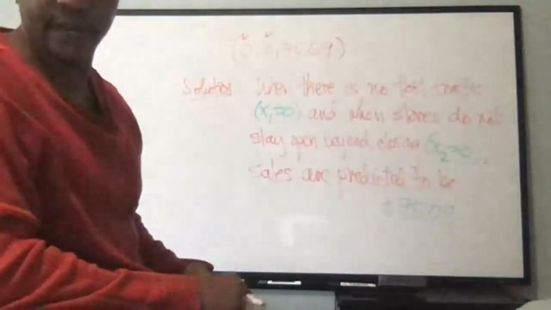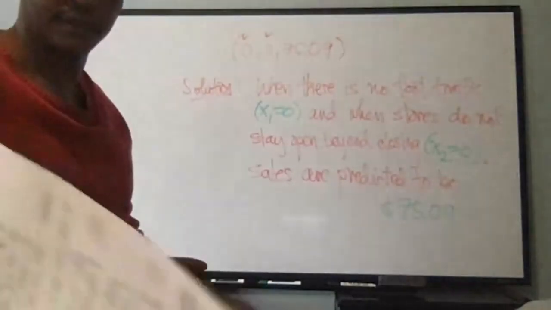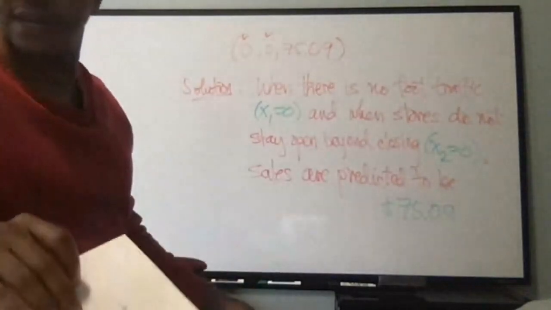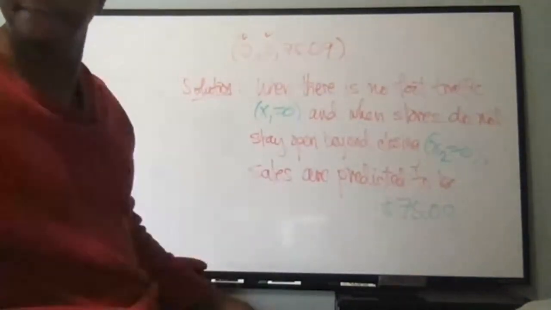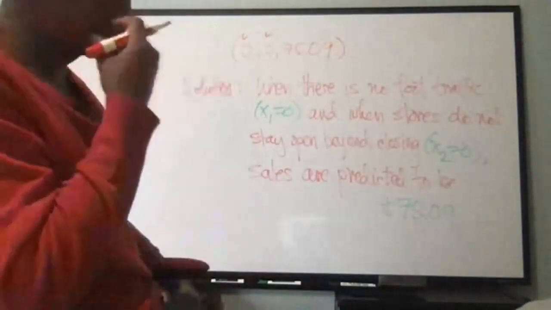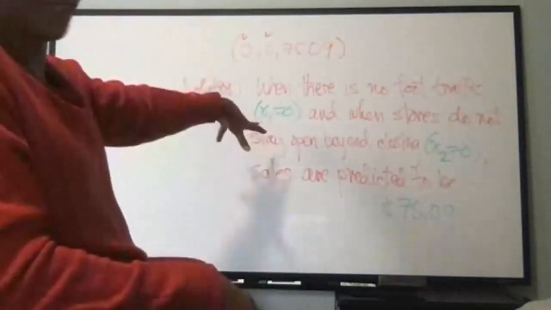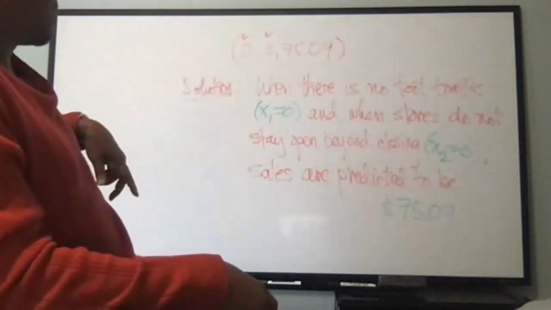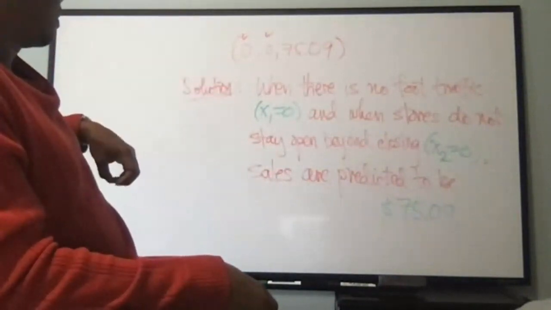All right, any questions on that? Any questions? All right. You guys are troopers. You hanging in there. Is the board clear for you guys? Can you see what I wrote there? Yes, I just have one question.